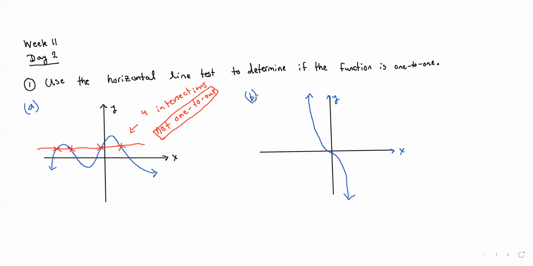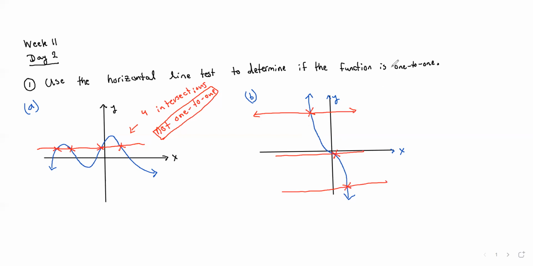Okay, let's look at graph B. I'm going to show that this is one-to-one. You can see this just by drawing a few horizontal lines to the graph. We'll notice that this one has 1 intersection point. If I draw one through here, just 1 intersection point. It doesn't really matter where you go on the graph, it's just going to intersect 1 time.